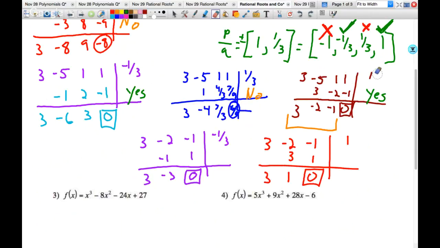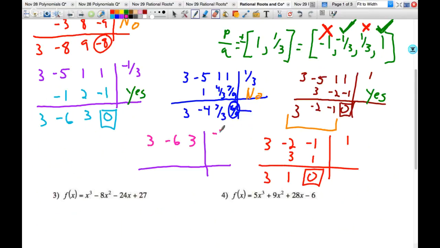If you're checking for a double zero, you have to check with the bottom row of the synthetic division that gave you the first 0. So of course that gave me another 0 there, because if I've only pulled out this 0, this 1, then that negative 1/3 still remains as a 0. It's only after you pull it out that you can really check to see if it's a double zero.